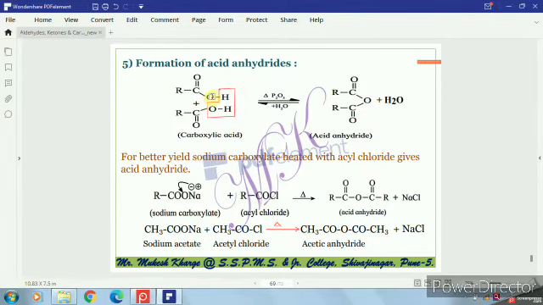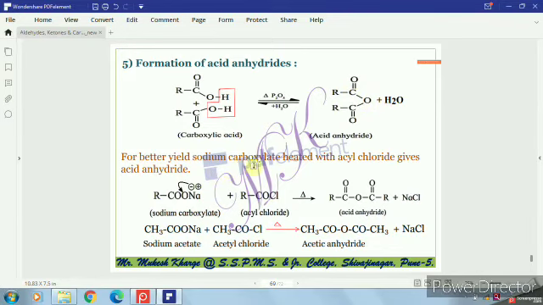This oxygen will attack on carbon of second molecule, and the bond between carbon and oxygen moves towards this oxygen. So O becomes minus, and that extracts the hydrogen from first molecule. So what do we get? RCOOCOR plus water, or in short you can write (RCO)2O.